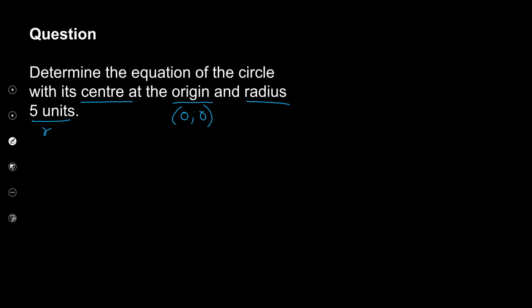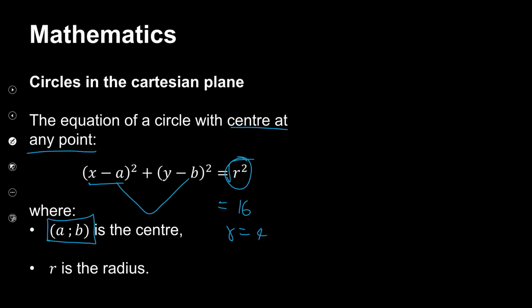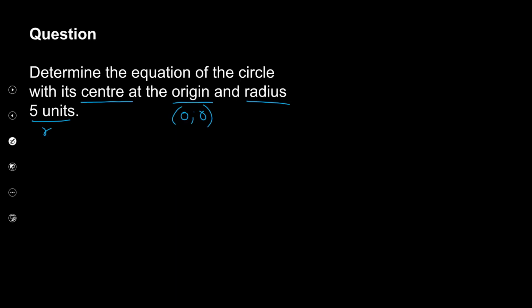But because the center is at the origin, you can just use this equation here that we just spoke about instead of using this equation, which will definitely give you the same answer, just that you will need to substitute, which makes it a bit of a longer calculation. So instead, this will just be x squared plus y squared equals 5 squared.